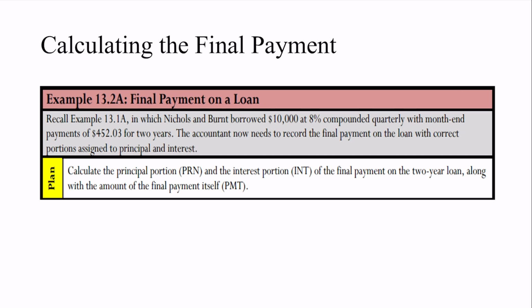So we can figure out the future value at the 23rd payment, and we can figure out the difference, and that difference is going to be the principal or the interest portion of the final payment.